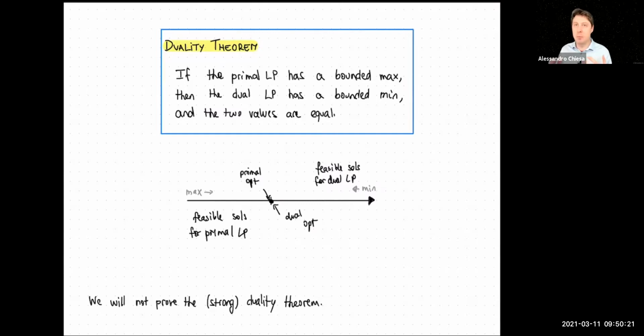I wouldn't say proving it requires very deep ideas, but it requires some careful manipulations of general expressions. If you're interested, you can find it in books or lecture notes. From the perspective of this course, we'll not talk about the proof of this theorem. We'll just use it as a black box or as a true statement.